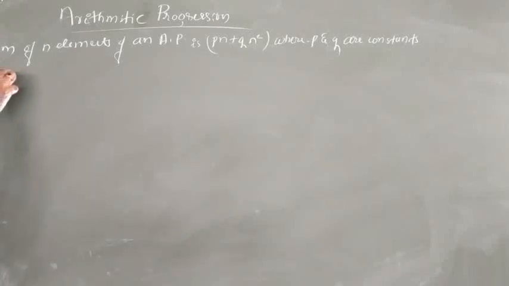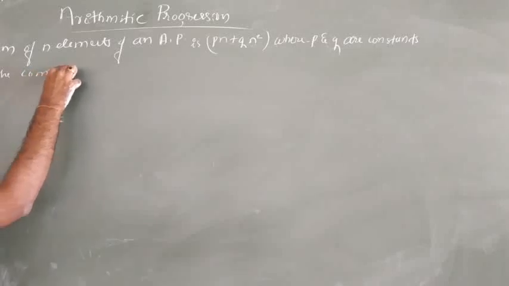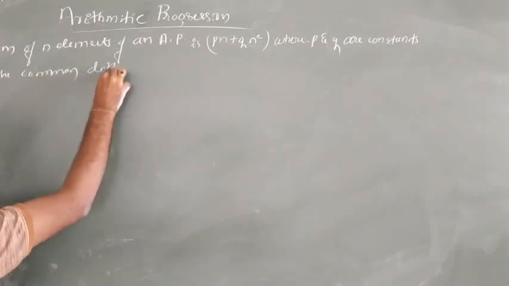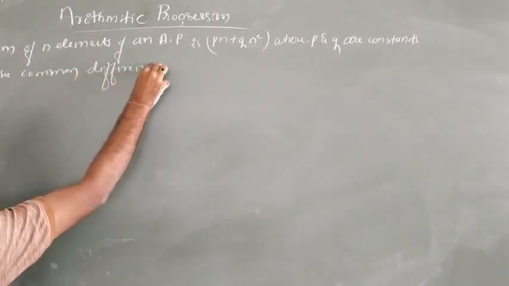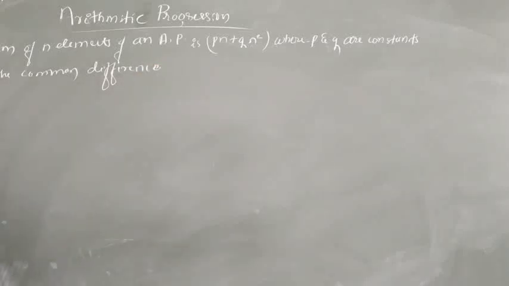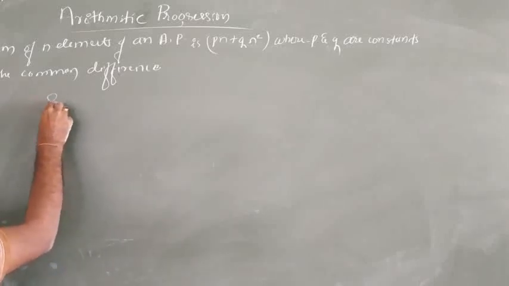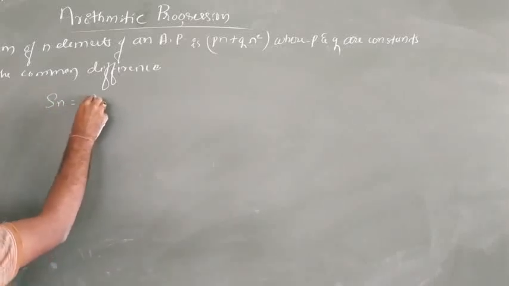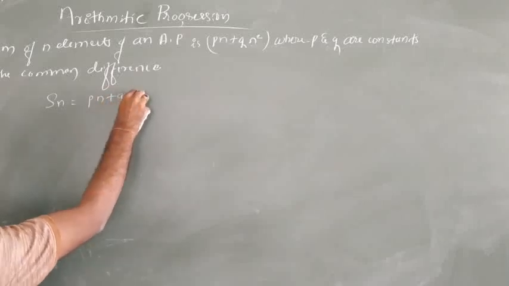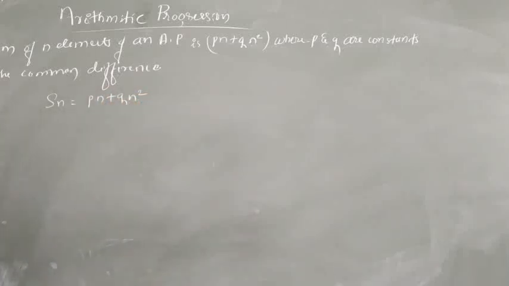Find the common difference means we have to find out the value of d. If the sum of n elements of an AP, it means they have already given that Sn is equal to Pn plus Qn square, where P and Q are constants, find the common difference.